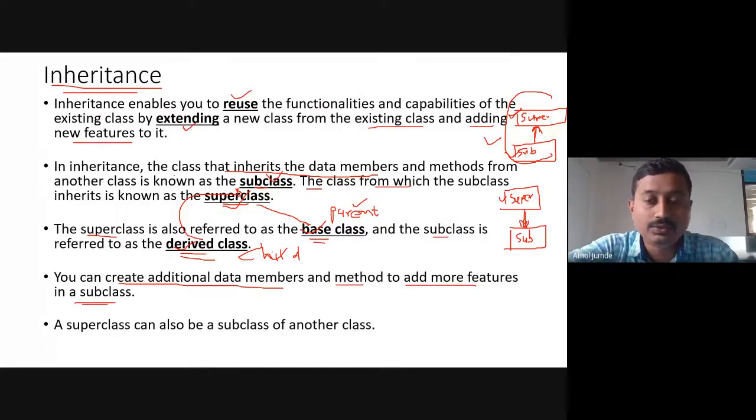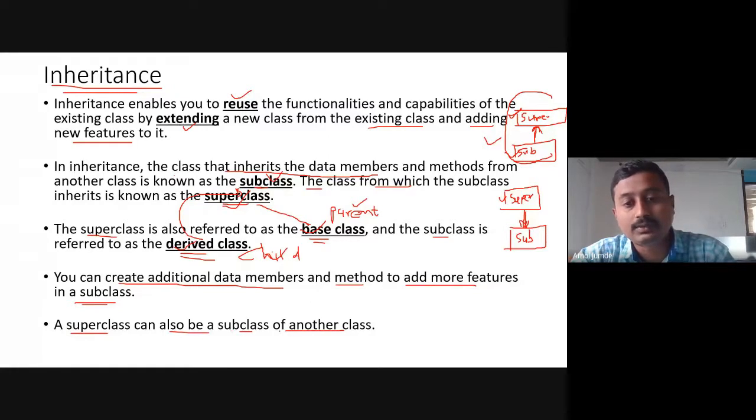You use the existing functionalities in the form of data members and methods, and you can add your own new data members and methods into the subclass. A superclass can also be a subclass of another class. Okay, so if you have a hierarchy like this, this is A.